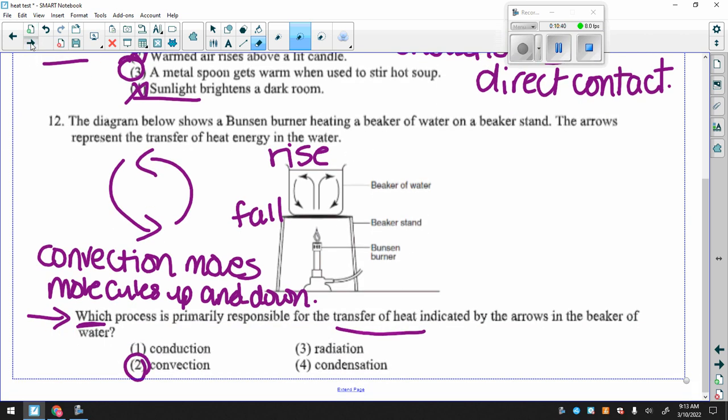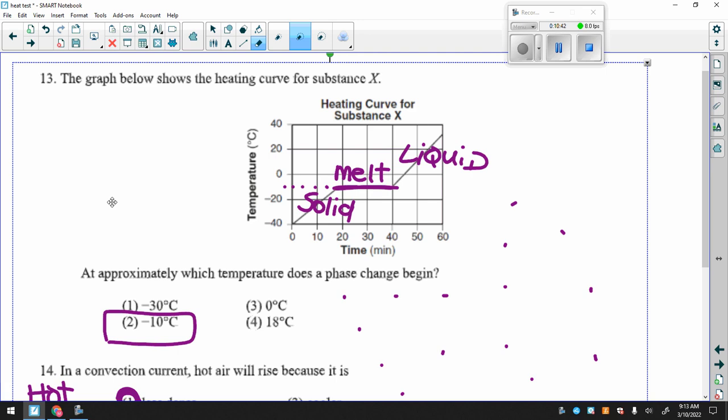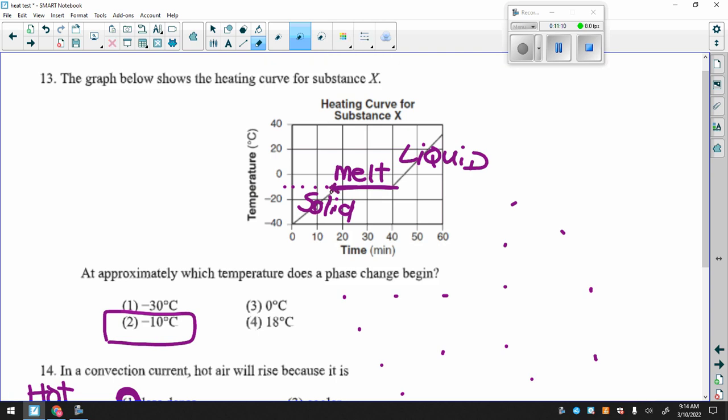All right, number 13. If you got this wrong, you really can't give me a why. Label the graph. Solid. It starts off with the least amount of heat. Molecules are increasing kinetic energy until they get here. Then it starts to melt. The intermolecular forces are stretching apart.